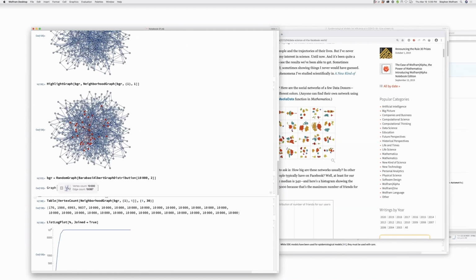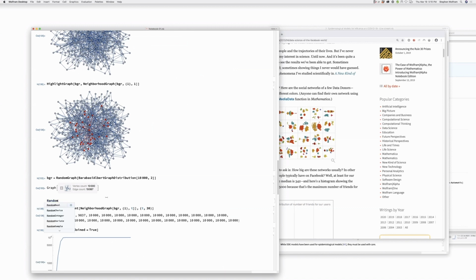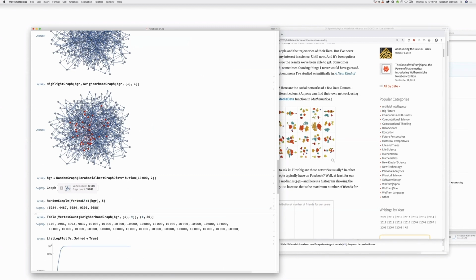Someone on the live stream is suggesting that we actually take a mean over multiple vertices, but let's at least do a random sample of a vertex list of BGR, and let's just get 5 of them, for example. There's our random vertices, and now for each of these we want the vertex count.